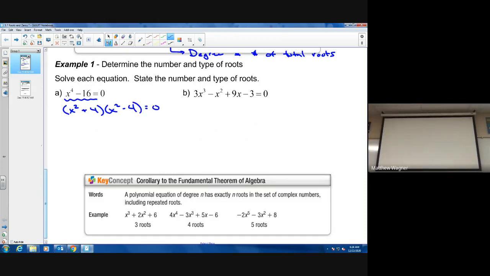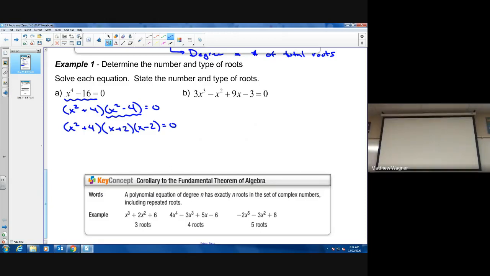At this stage, we can factor again because we have another difference of squares right there. So that winds up into x plus 2 and x minus 2. At this stage, our expression is factored completely. Remember, the sum of squares, x squared plus 4, we cannot factor because those answers are complex.